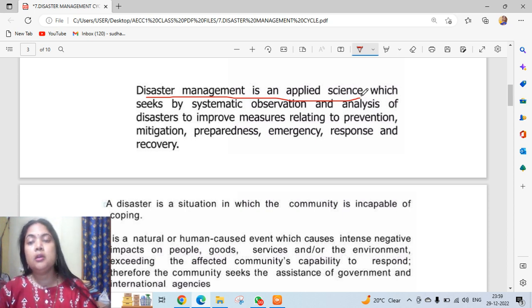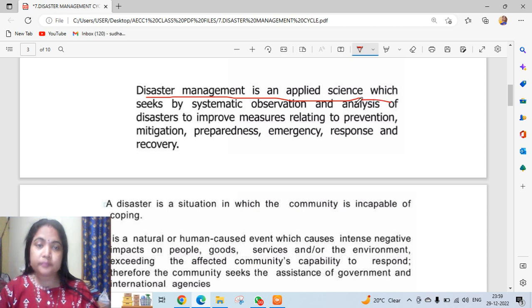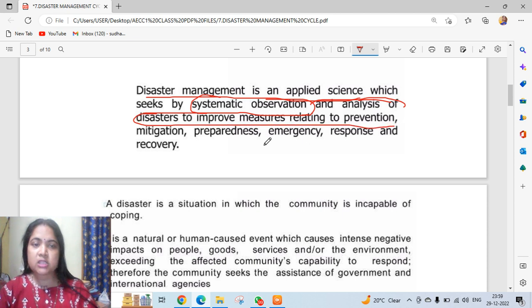So remember, disaster management seeks systematic observation. So disaster management is nothing but a systematic observation, not only observation but also an analysis of disaster to improve measures relating to prevention, mitigation, preparedness, emergency response and recovery.